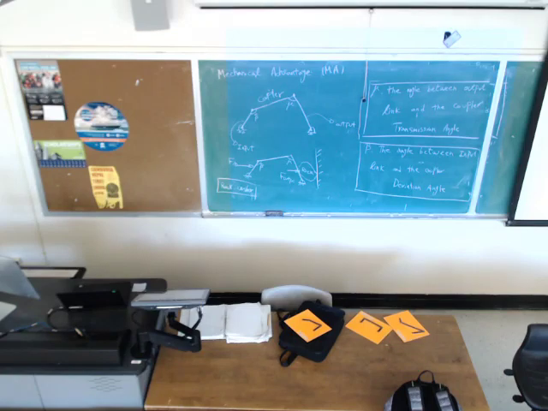The angle between output and the coupler is called mu, or transmission angle, and this angle is called deviation angle, based on the definition. As you see, this angle is very close to 90 degrees, and beta is very close to 180 degrees, 175, whatever that is. It's going to give us a small number here.